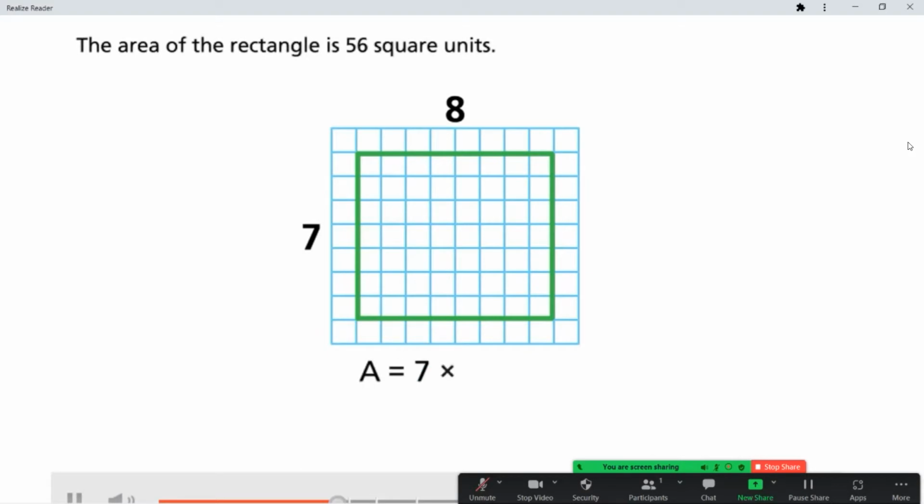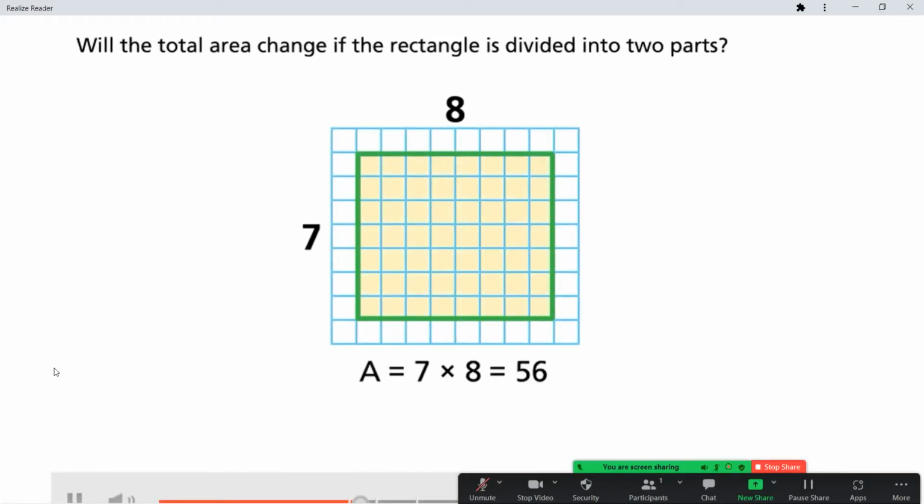The area of the rectangle is 56 square units. Will the total area change if the rectangle is divided into two parts?